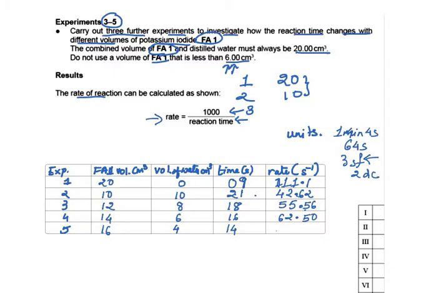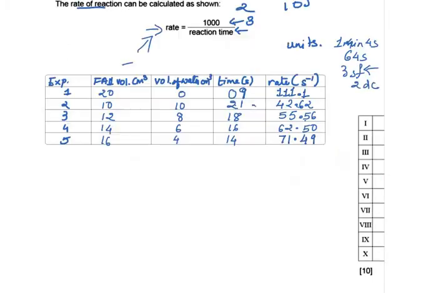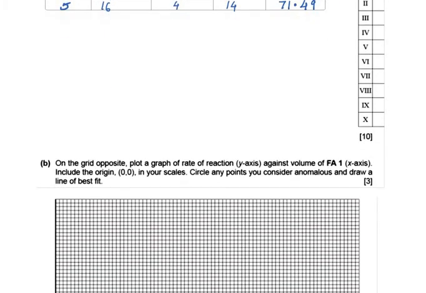And for the fifth experiment, the answer for the rate is 71.49. So this is the calculation of the rate using the formula given here. I had erased a few of the readings and rewritten because it was a little dirty looking, so I made a correction. Now let's go ahead with the further part of our question.